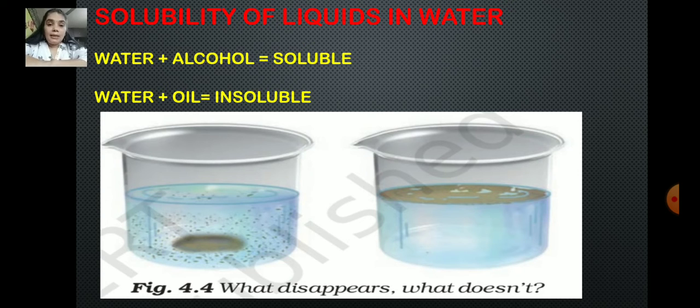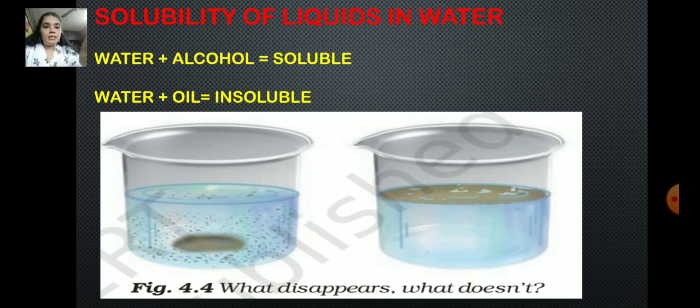We say that these substances are called soluble in water. Other substances which do not mix with water and do not disappear even after we stir, it is called insoluble in water.